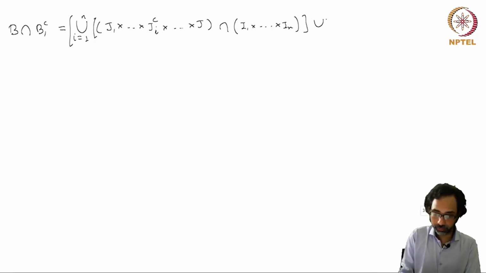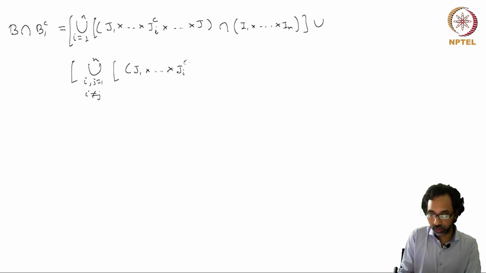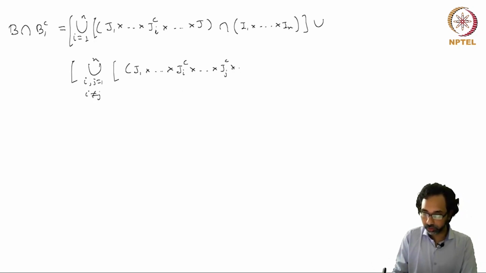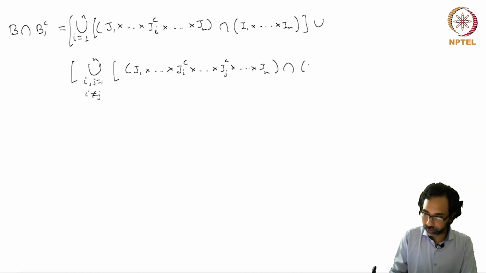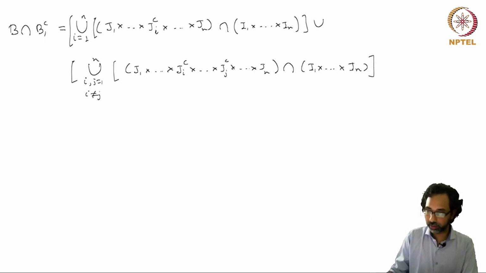Similarly, then you have a union over i, j from 1 to n, i not equal to j, and again you have J1 cross Ji complement cross Jj complement cross Jn, and again you have an intersection with I1 cross In. So this is the second one.